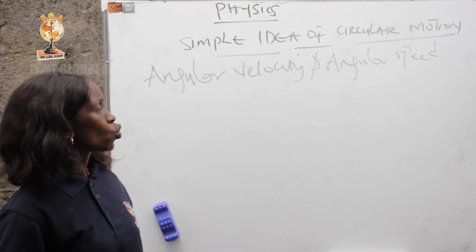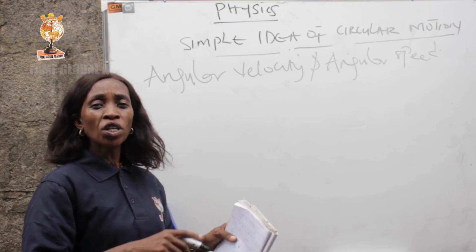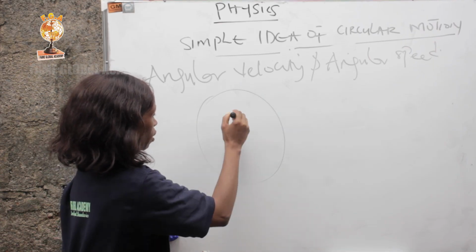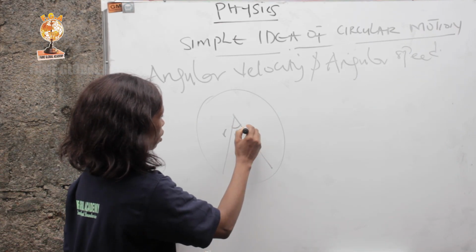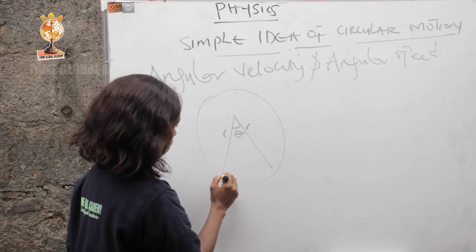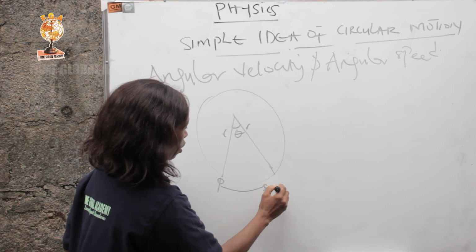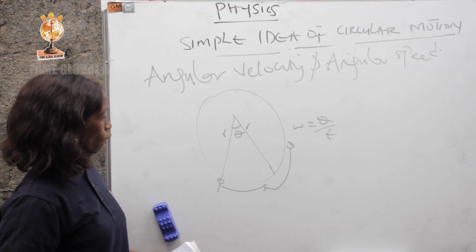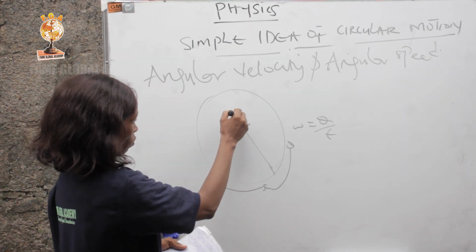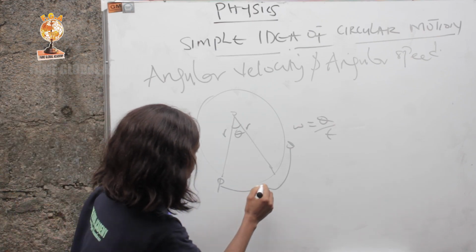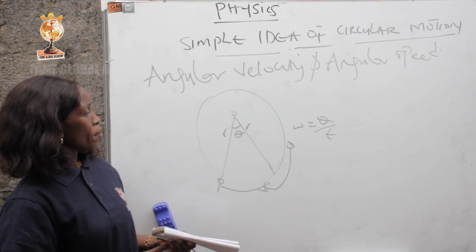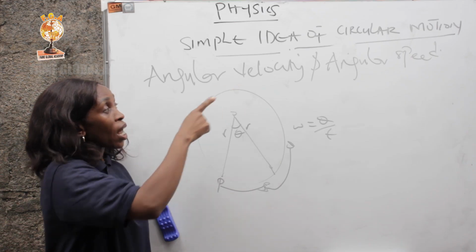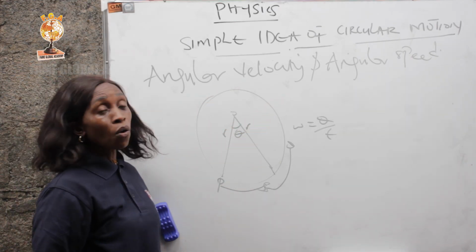Now take for instance a stone that is tied to a string and is swung round as shown below. Let me make a diagram. P, S, and Q, and V is theta over T. Now, remember we said a body that is going around a circle has an angular speed and equally an angular velocity.